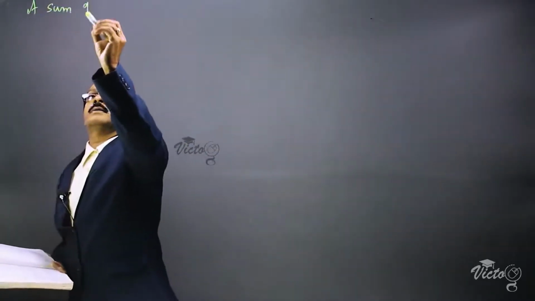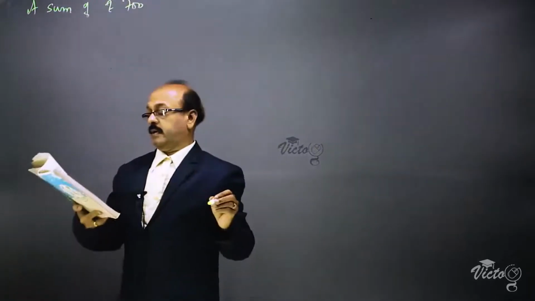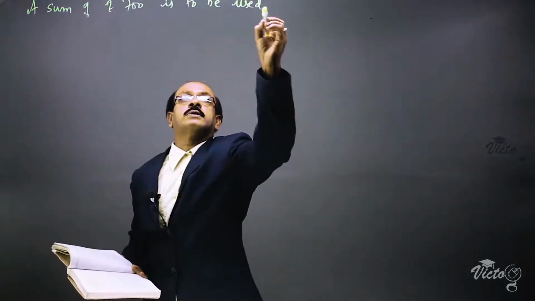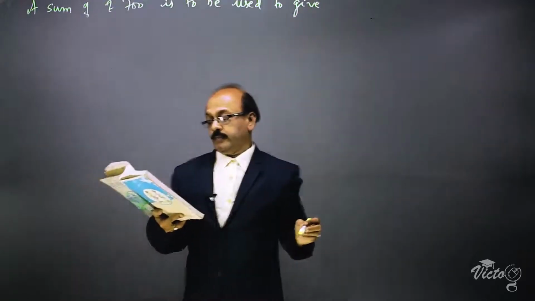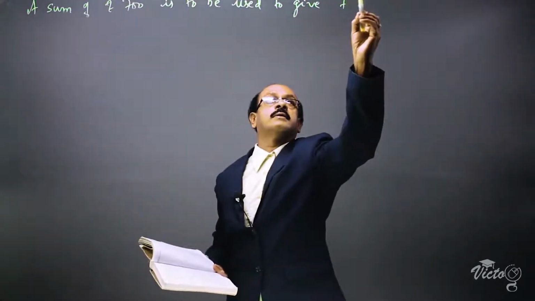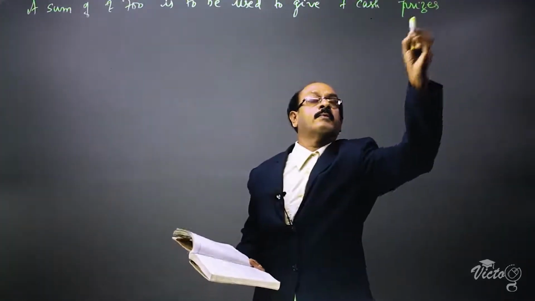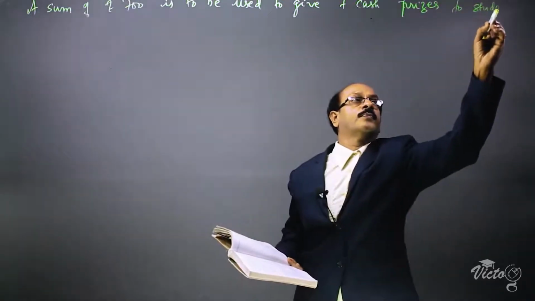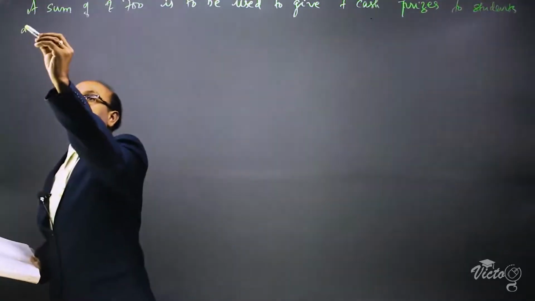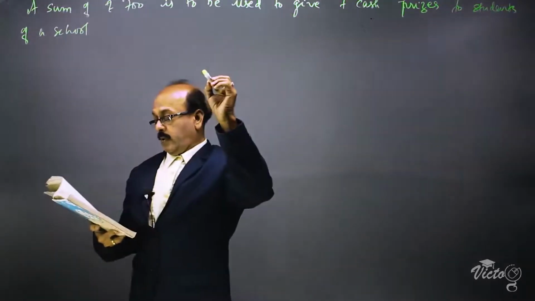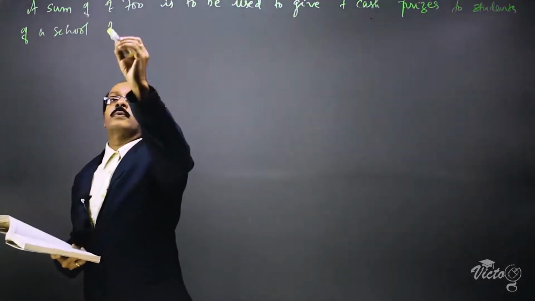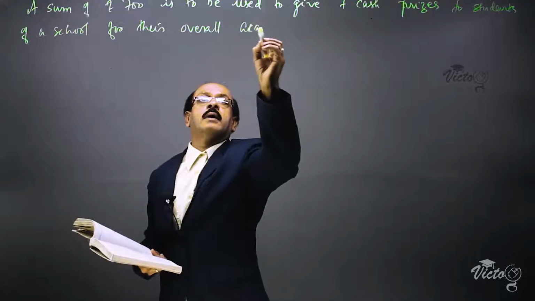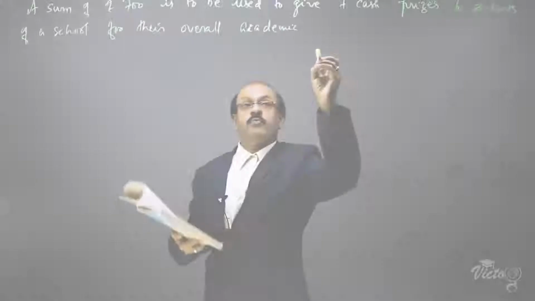Next question: a sum of rupees 700 is to be used to give 7 cash prizes to students of a school for their overall academic performance.